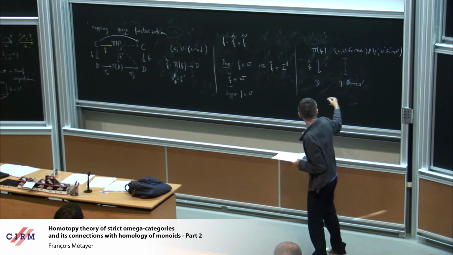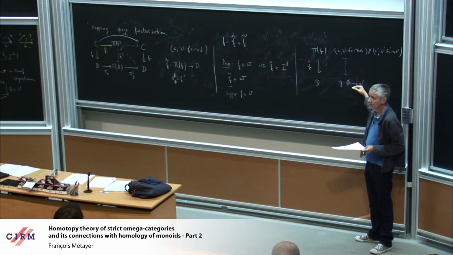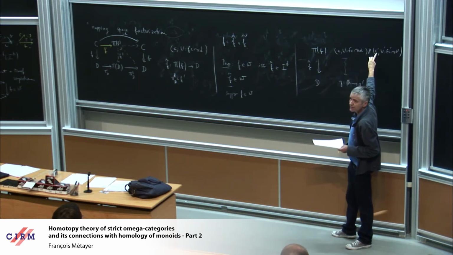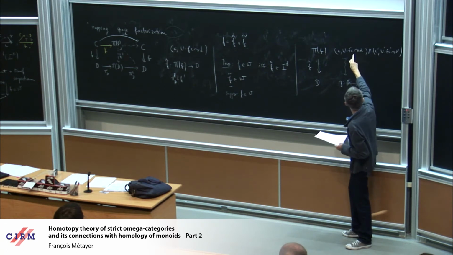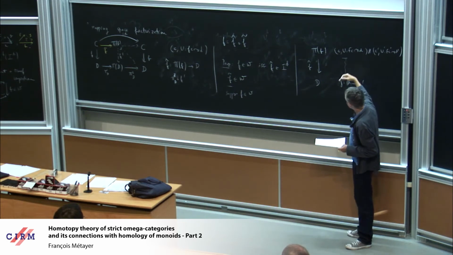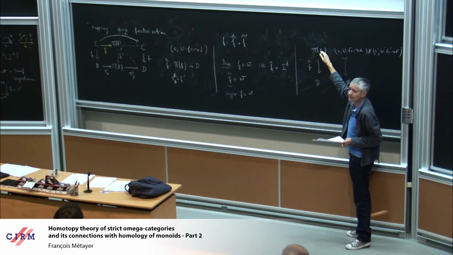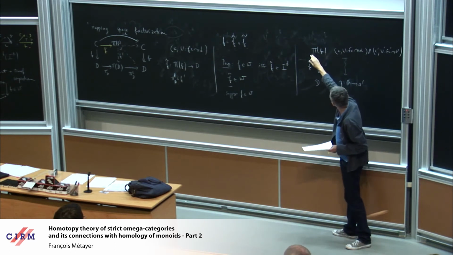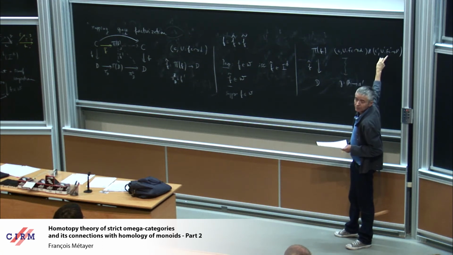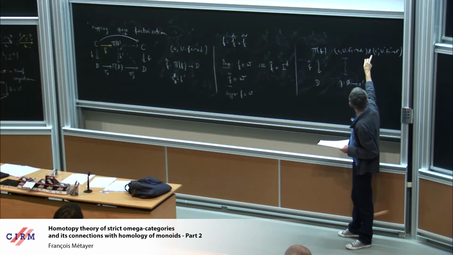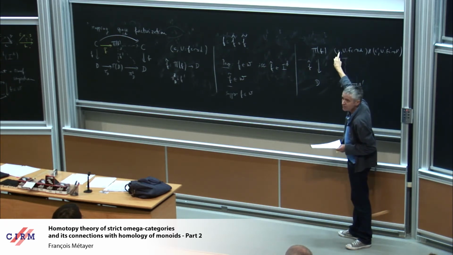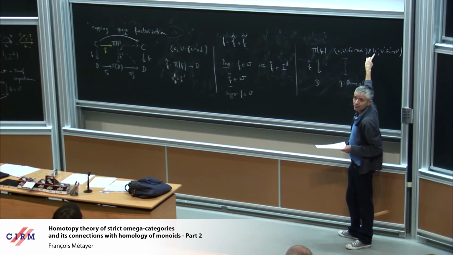And you apply the transport lemma that gives you a cell between FC and FC prime, and two parallel cylinders here, and a cylinder here going from U to U prime. Okay? And the fact that F is a weak equivalence gives you a cell between C and C prime.